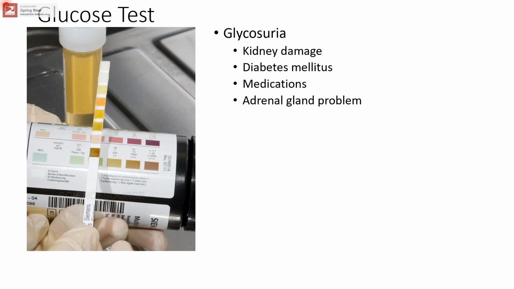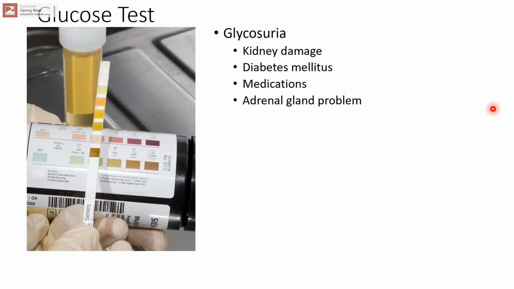Because in the presence of high amounts of glucose, when a pregnant woman is diabetic, it's called gestational diabetes. And in the presence of gestational diabetes, it can cause the fetus to become overweight, right? And that's why it's very important to monitor gestational diabetes in women.